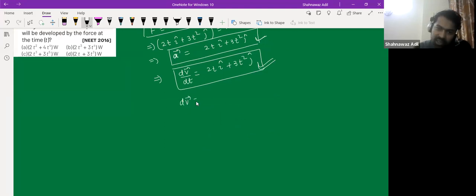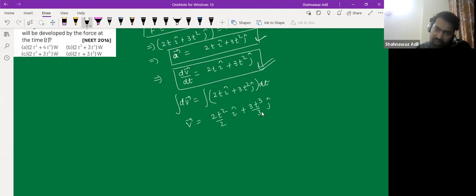This is dv equals 2t i plus 3t square j dt. Now to calculate, we integrate both the sides, right? So dv integration is v, and this would be 2t square by 2 i plus 3t cube by 3 j hat.